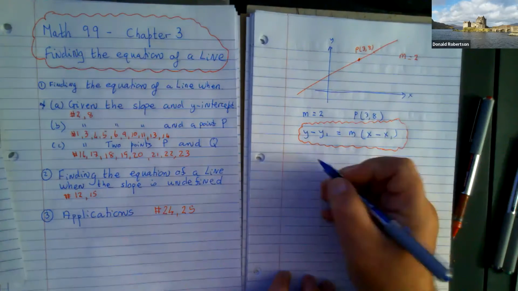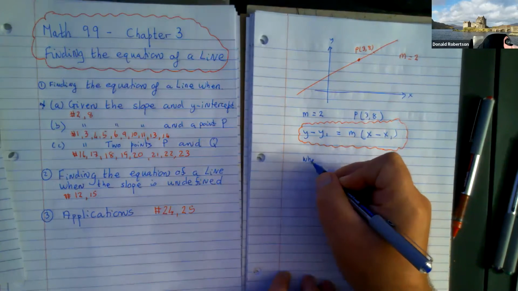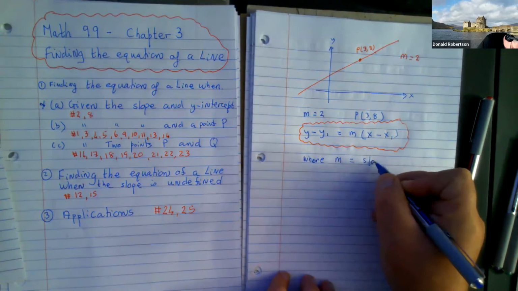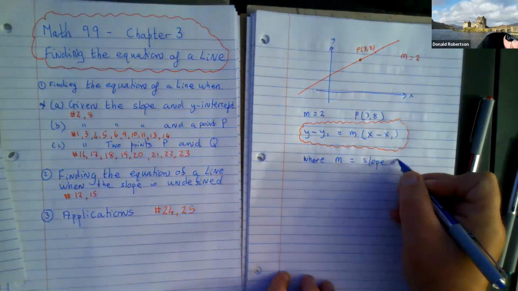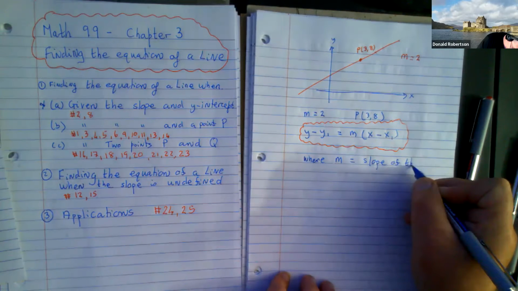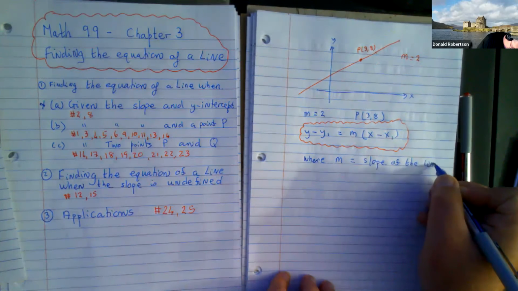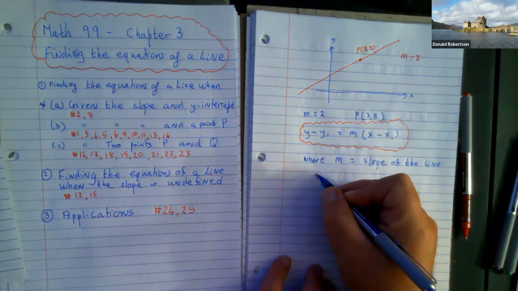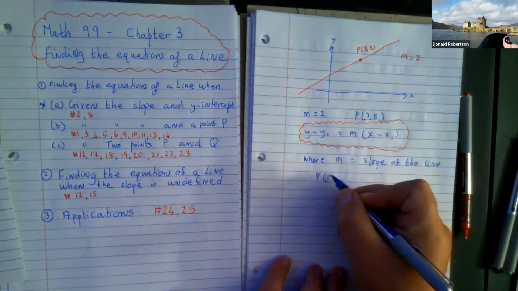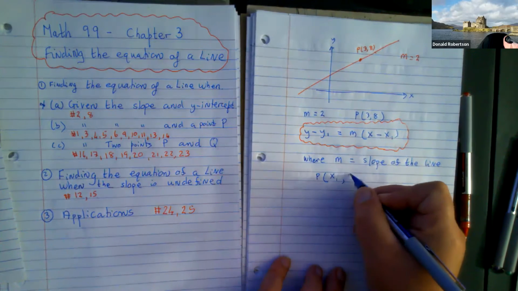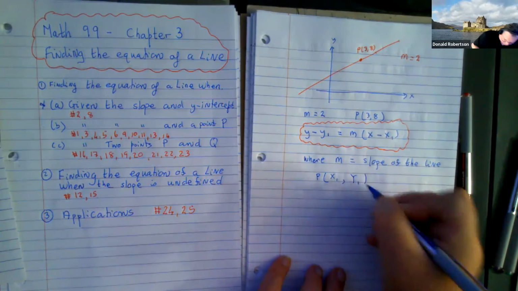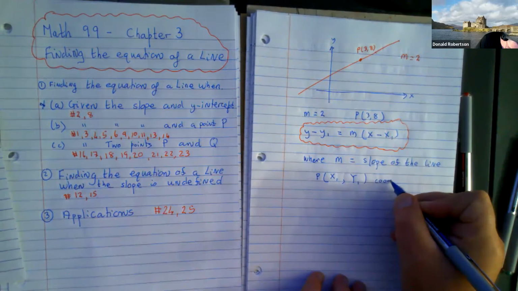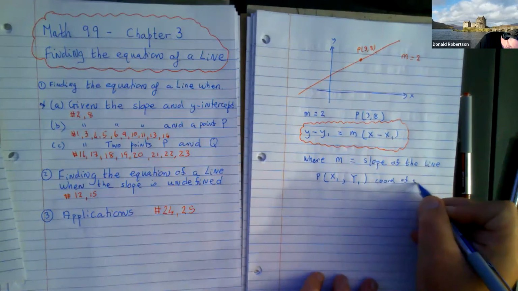Let me tell you who's who. m, not surprisingly, is the slope of the line. And this x1, y1, that's essentially who the point P is. P has coordinates x1, y1, and so that will be the coordinates of a point on the line.